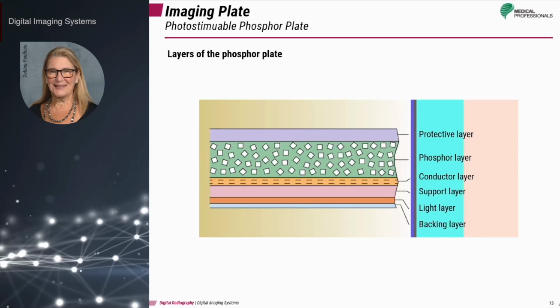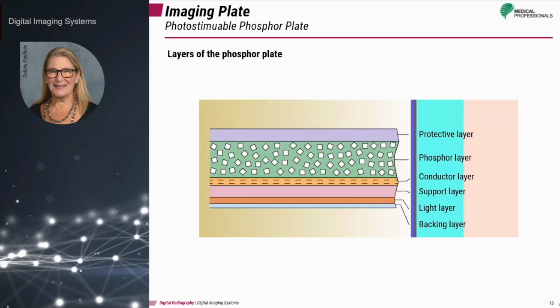The phosphor, or active layer, contains what we know as the storage phosphor, right here in green. The conductor layer reduces and conducts static electricity away from the plate, and it absorbs light to increase the spatial resolution. That's the middle here.